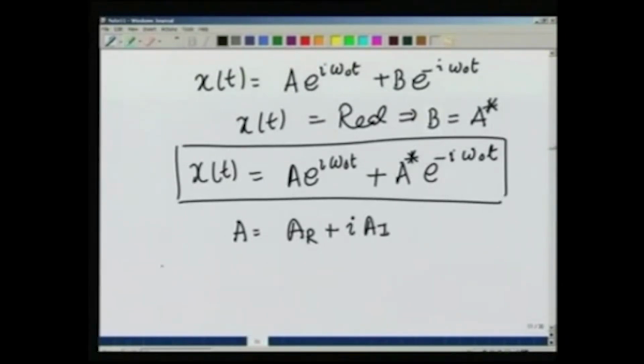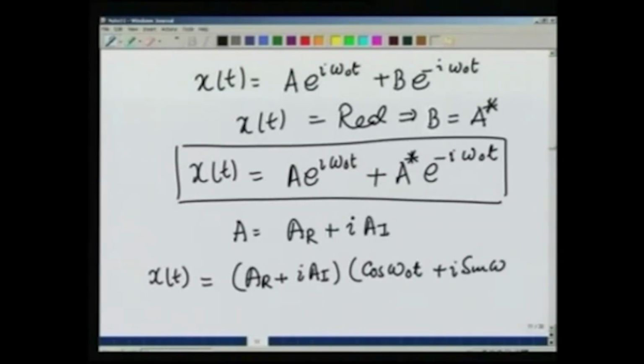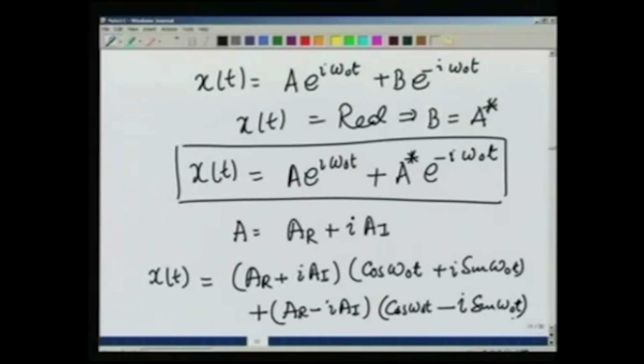When I substitute this, I get x(t) is equal to a real plus i a imaginary, and I can open up e raised to i omega 0 t as cosine of omega 0 t plus i sine omega 0 t, plus the second term, which is a real minus i a imaginary, cosine of omega 0 t minus i sine of omega 0 t.